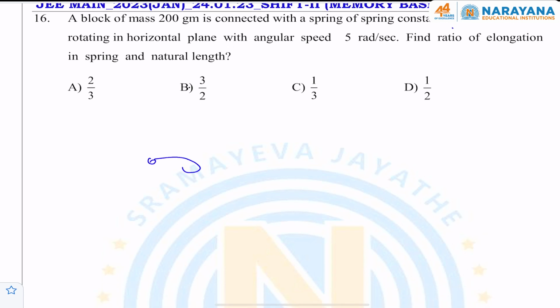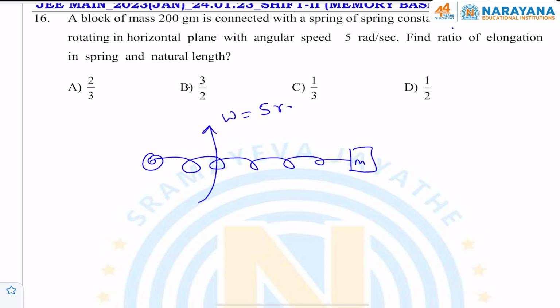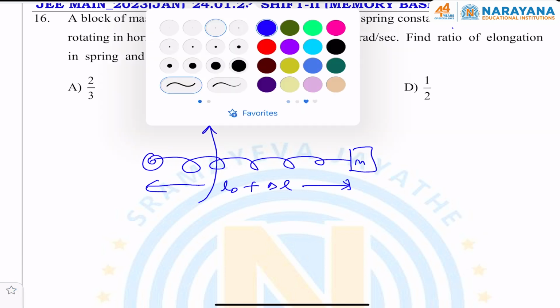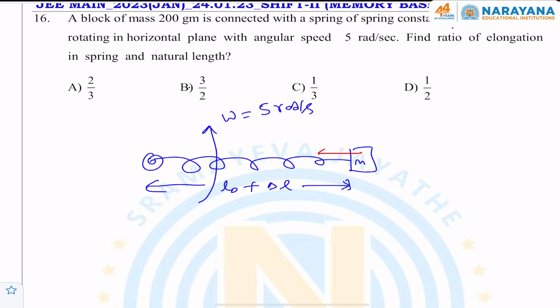Suppose let us consider a system of spring and block rotating in horizontal plane with angular velocity omega equal to 5 radian per second. Now length of spring is L0 plus delta L, where delta L is elongation in the spring. The spring force here is providing the required centripetal force to the particle. Centripetal force is K delta L.